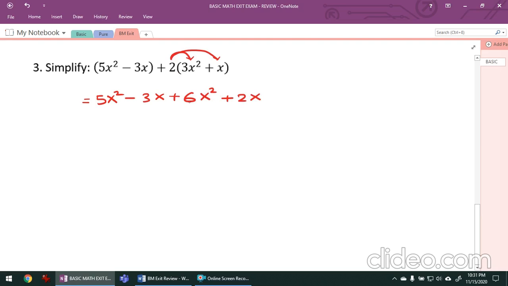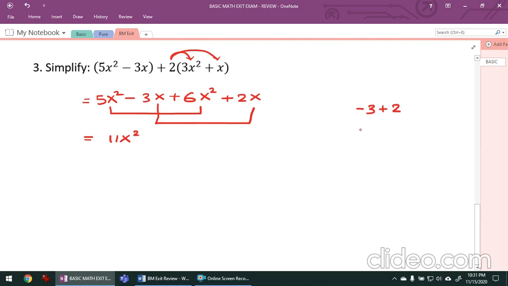See, here you have 6x square, here you have 5x square. Same power, so same family. So 5 plus 6 will give you 11x power 2. Then you can see that minus 3x and plus 2x. Minus 3 plus 2. One number minus, one number plus. So big number minus small number. 3 minus 2 is 1.